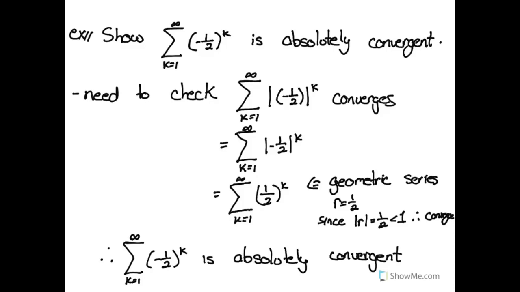The reason is that if we just check that the absolute value series converges, that gives us that the original series converges. So, theorem: if a series is absolutely convergent, then it's convergent.